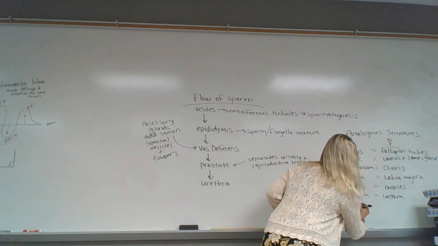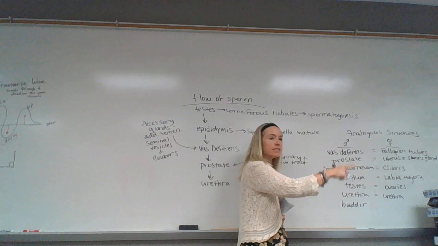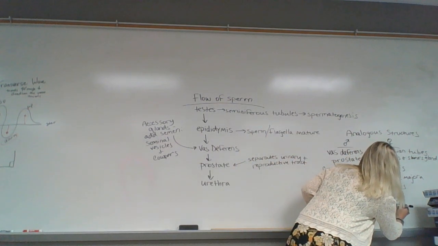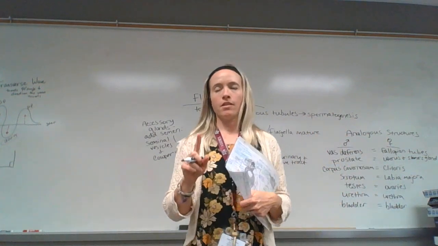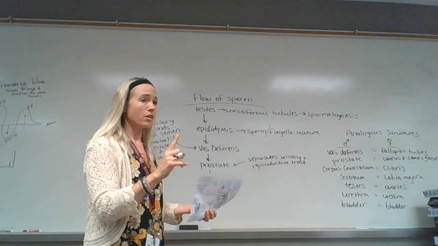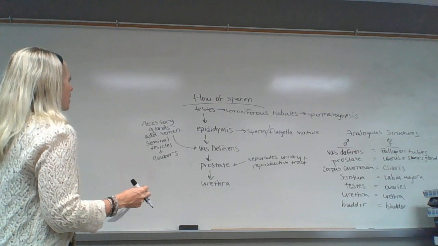Also the bladder, which is not part of the reproductive system, but the bladder is the same thing in humans. The bladder stores urine. It does not play a role in the reproductive system at all. It's actually in the urinary system. Okay.